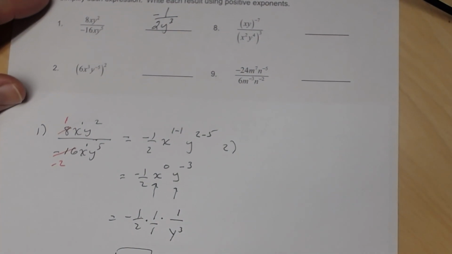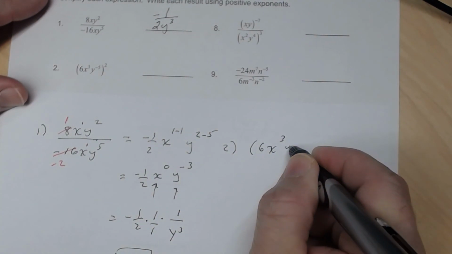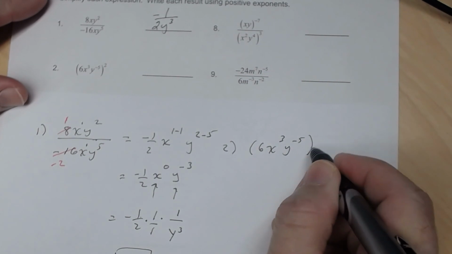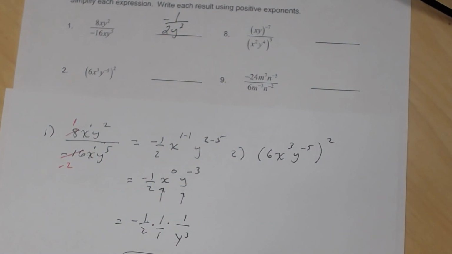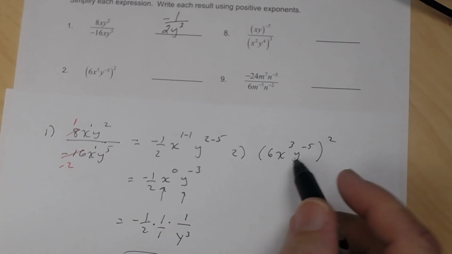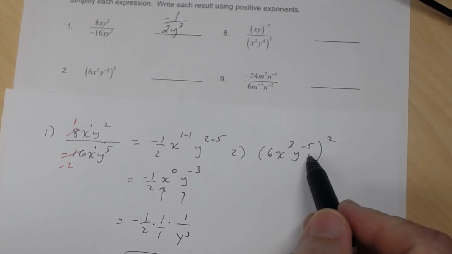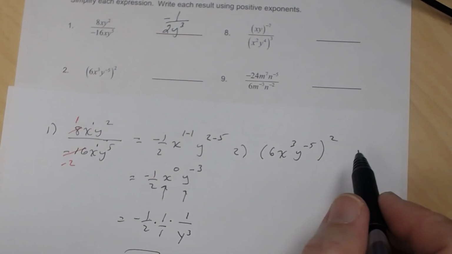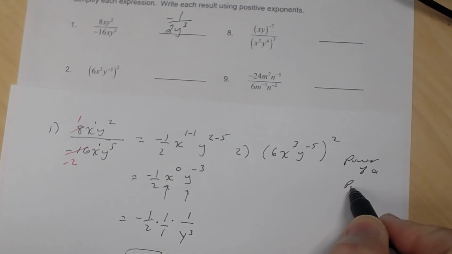All right, number 2, you have 6x cubed y to the negative 5th, all squared. You're going to use the power of a product rule.